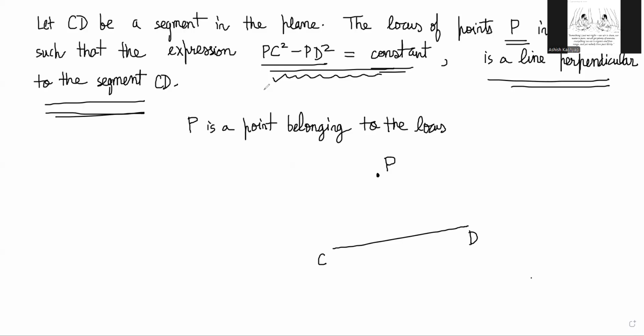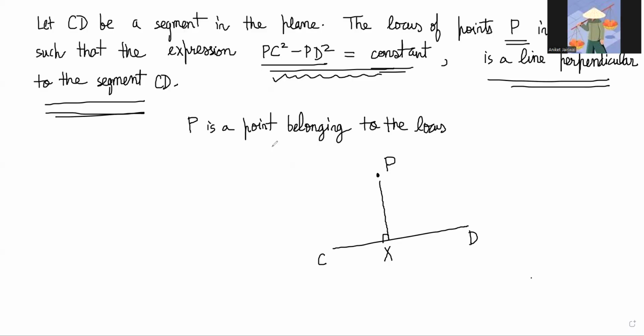I know that P satisfies this condition, PC square minus PD square is constant. It could be different positions. I don't know where it will be, but I know that whatever PC square minus PD square is here, it will be the same value for other locations of P also. So from this P, let's drop a perpendicular to the line segment and call this X, the foot of the perpendicular.